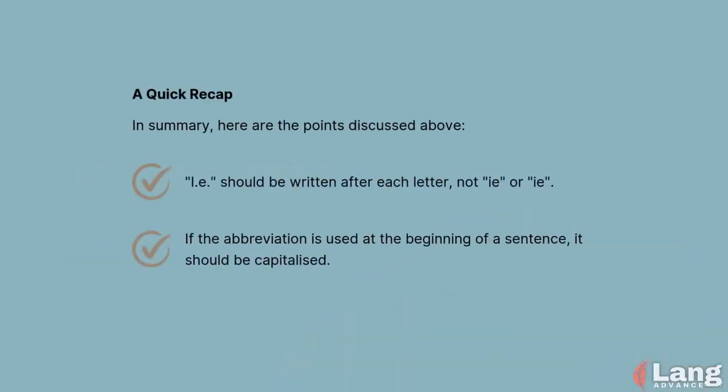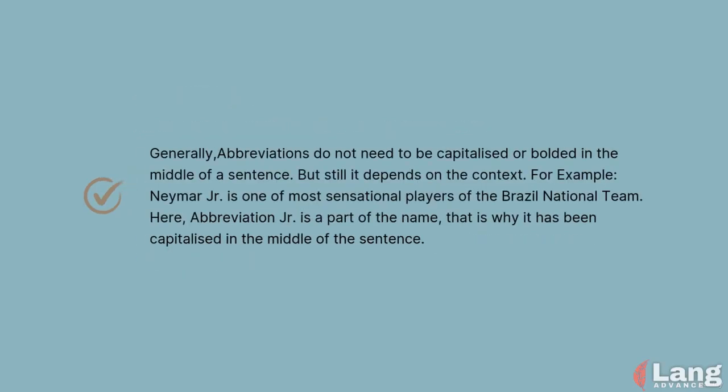A quick recap. In summary, here are the points discussed above. Id est should be written i.e., with periods after each letter, not ie or IE. If the abbreviation is used at the beginning of a sentence, it should be capitalized. Generally, abbreviations do not need to be capitalized or bolded in the middle of a sentence.